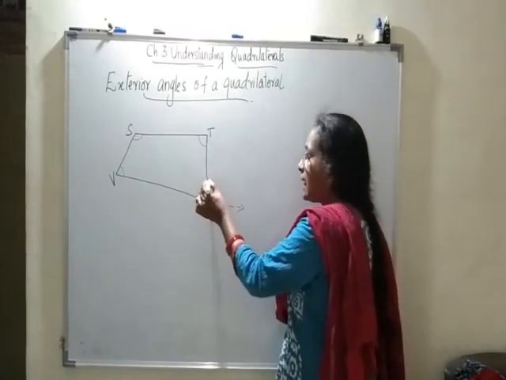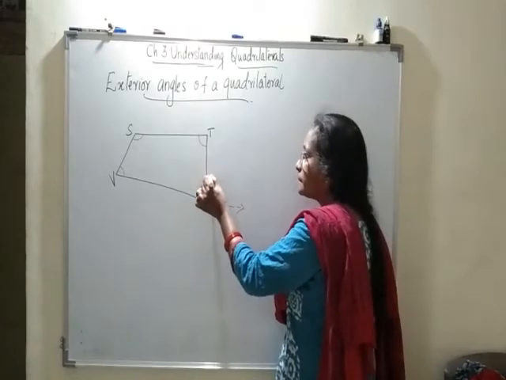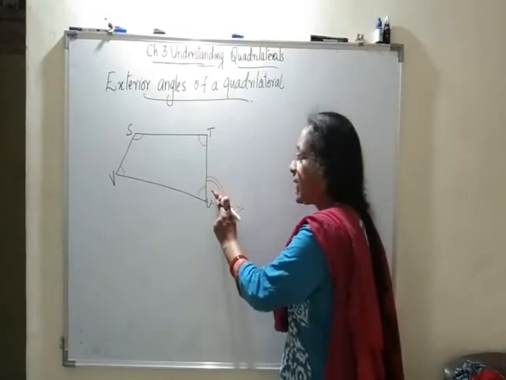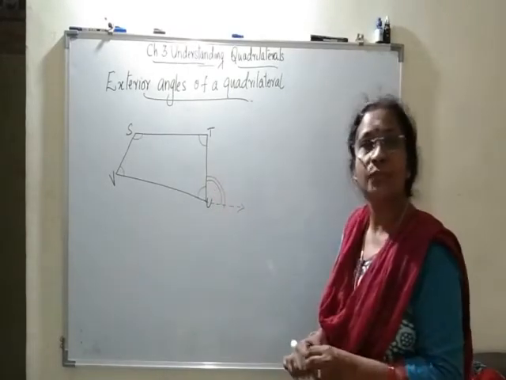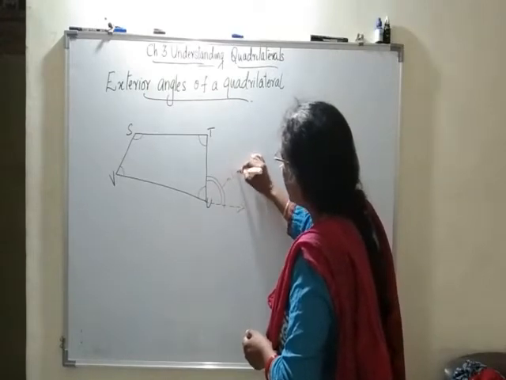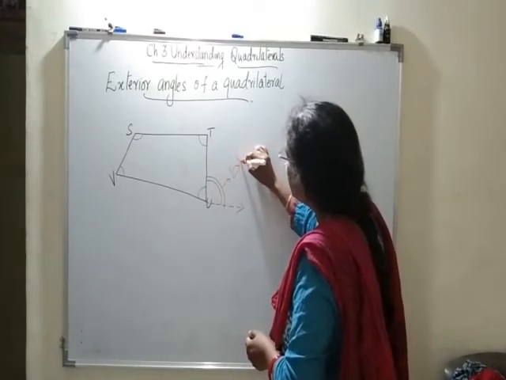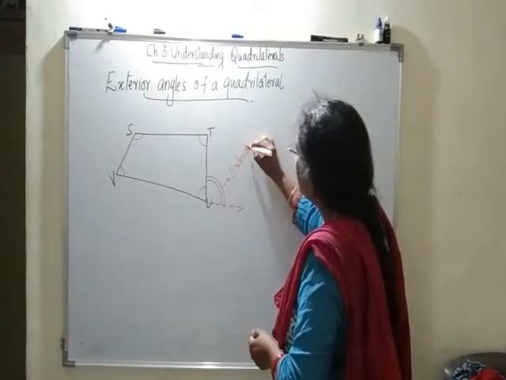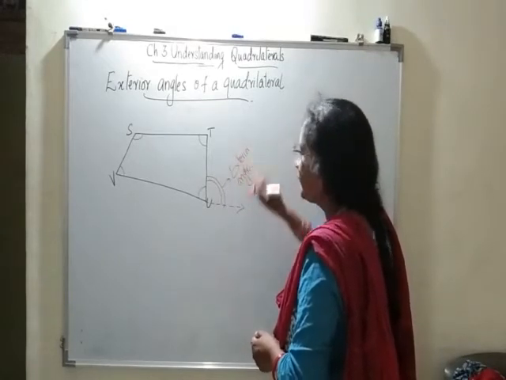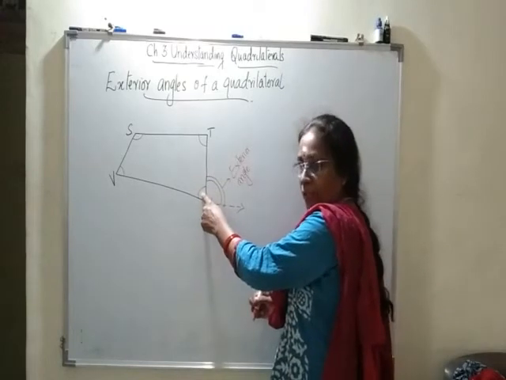So here there is an angle formed. Okay. This angle is called exterior angle. What is it called? Exterior angle. What is this angle called? Interior angle.